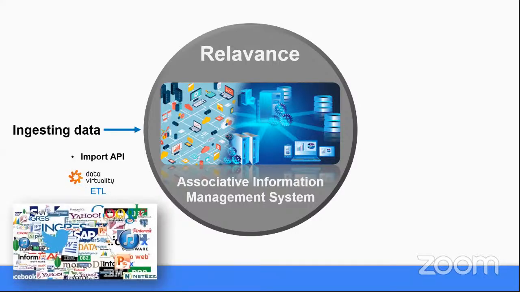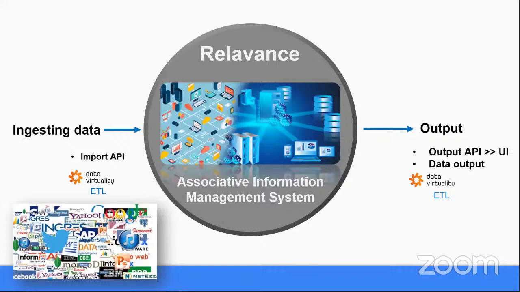We can make sure that you can ingest the data using an API or directly using ETL tools. And we provide an output mechanism that supports data retrieval and the logic of the relevance, allowing other systems and processes to integrate for creating your own UI and application. You can say Relevance is the middleware of these elements.